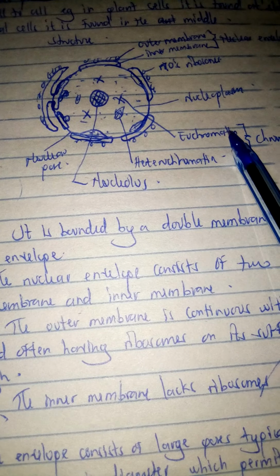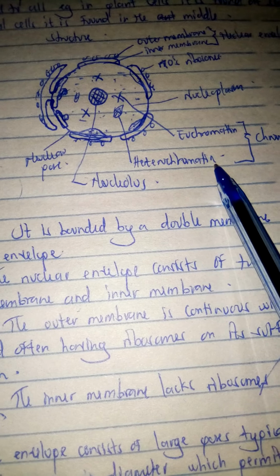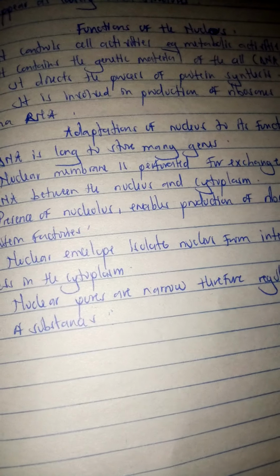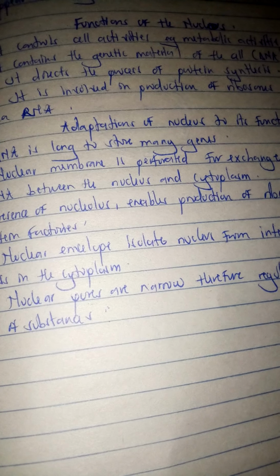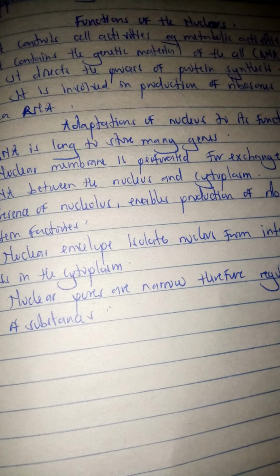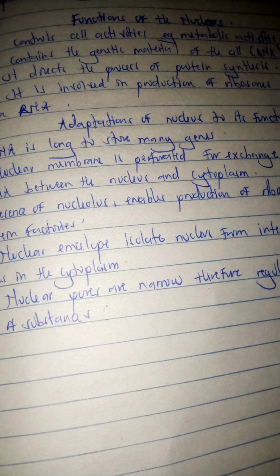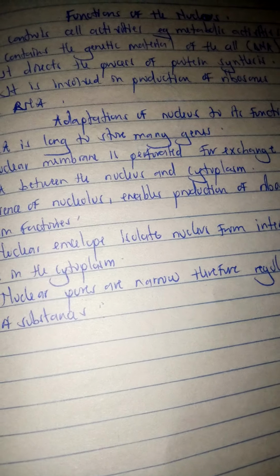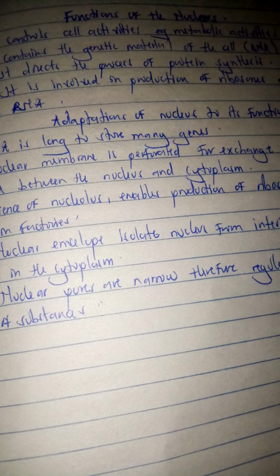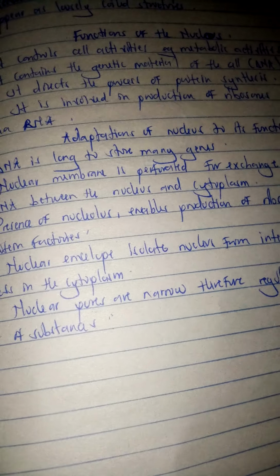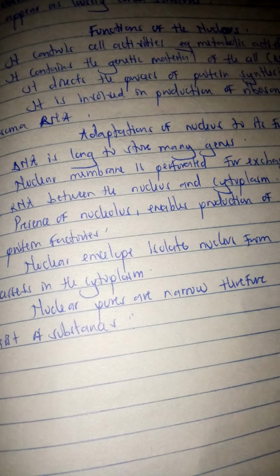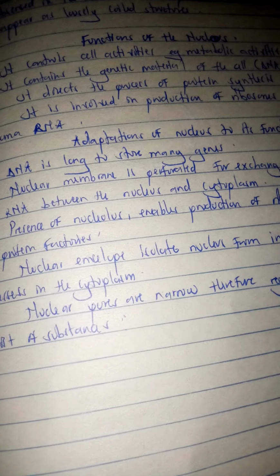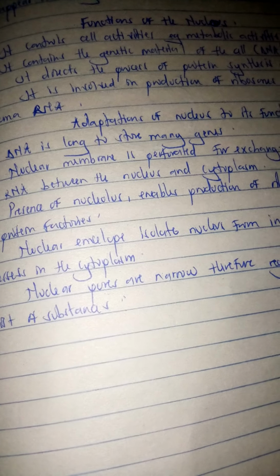We are saying specifically heterochromatin and chromatin because there are other types, for example the perinuclear chromatin and the internuclear chromatin, which are also found in a cell. So that is the structure. You start from outside going inside. That's the structure of the nucleus.